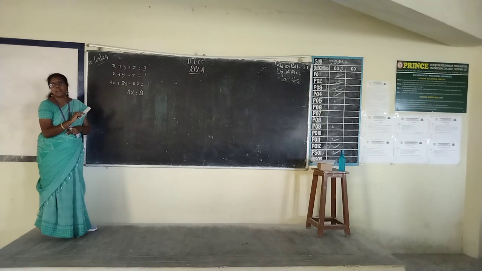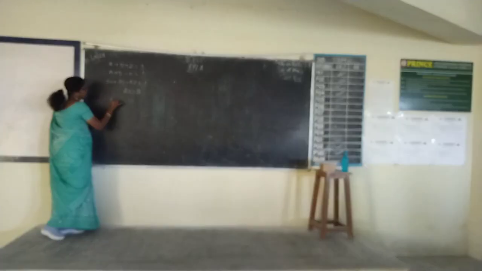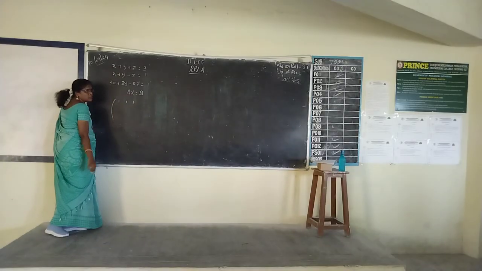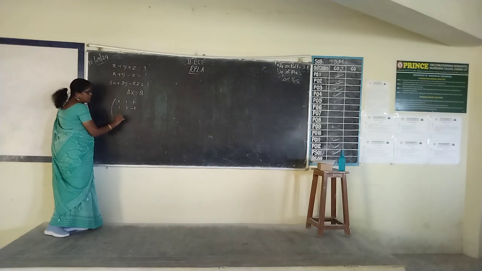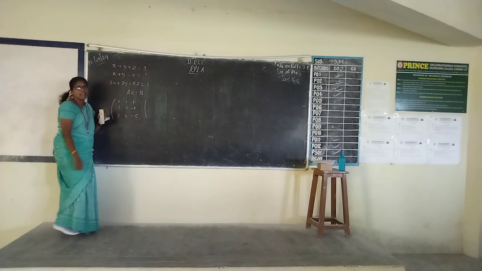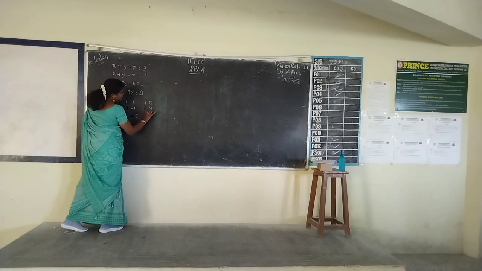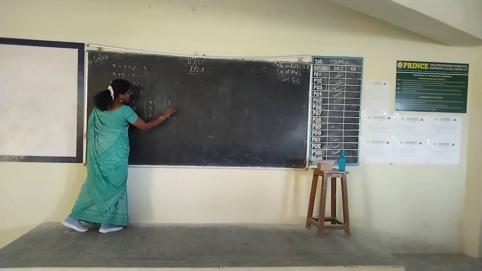Transformation, again try to understand. Write a matrix A: 1 1 1 first row, second row 1 1 minus 1, third row 3 3 minus 5, into the variables x, y and z, that is equal to the right hand side values 3 1 1.